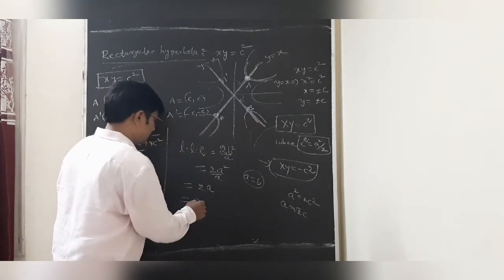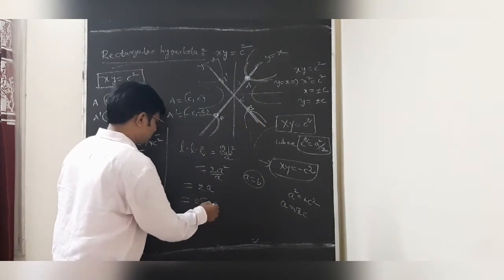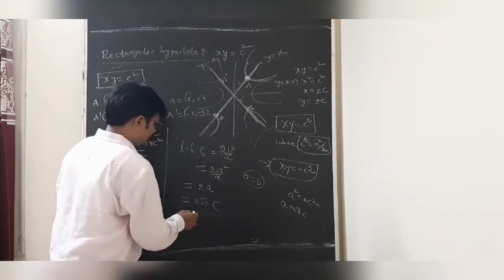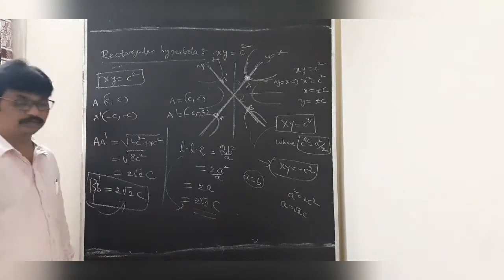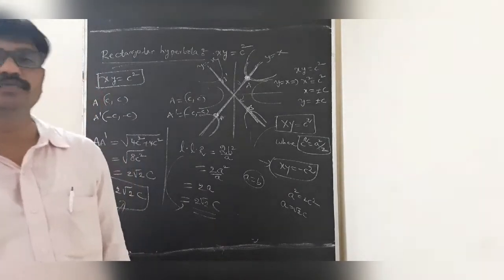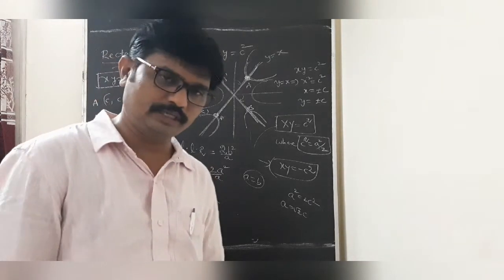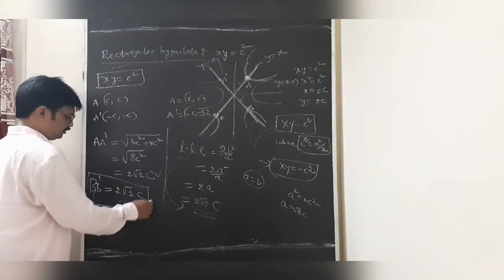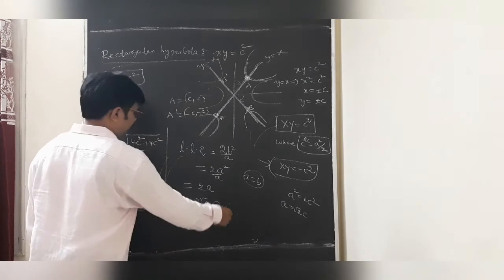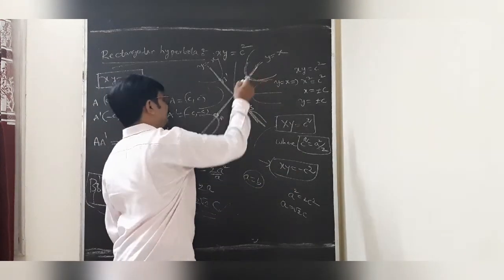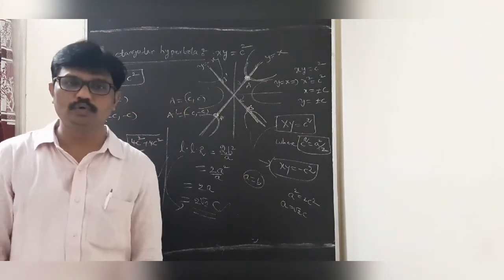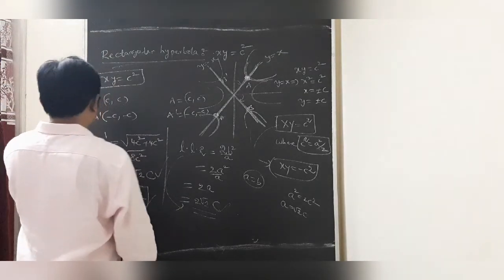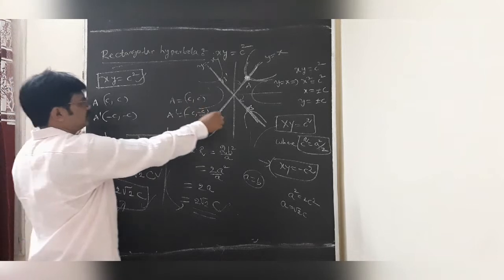So this is 2 into root 2 into c, the length of the latus rectum is 2 root 2 c. What we observe is that the length of the transverse axis, the length of the conjugate axis and the length of the latus rectum are all 2 root 2 c.